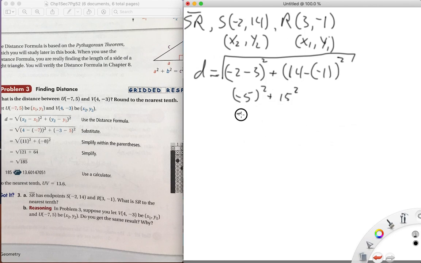This gives me 25, this gives me 225, this gives me 250. And it's still 15.8. So it doesn't matter what you call your x1, y1 and x2, y2. As long as you have both the x's being subtracted from each other and both the y's being subtracted from each other and then squared, you should get the same answer.